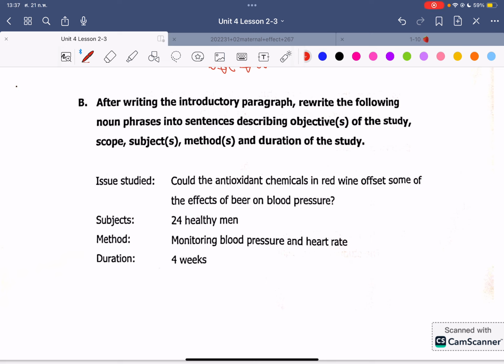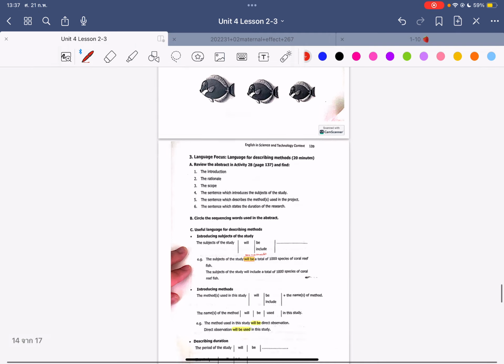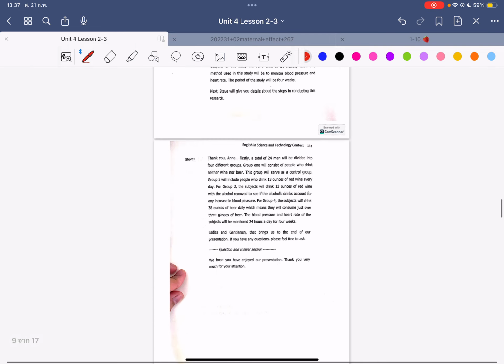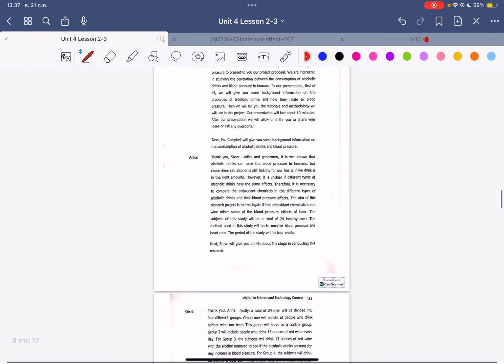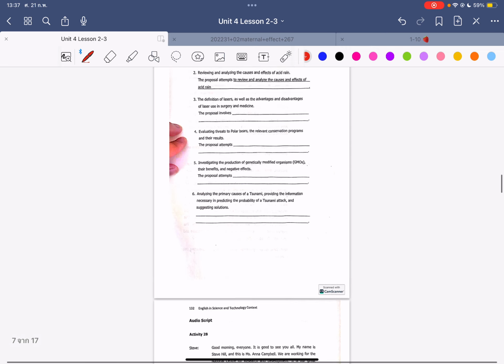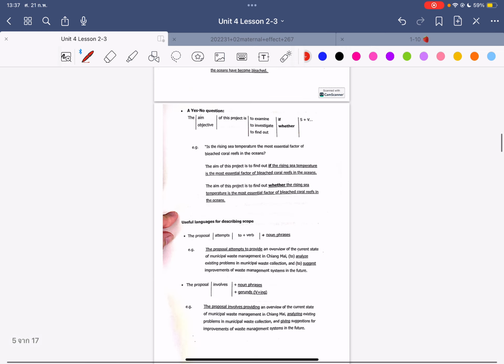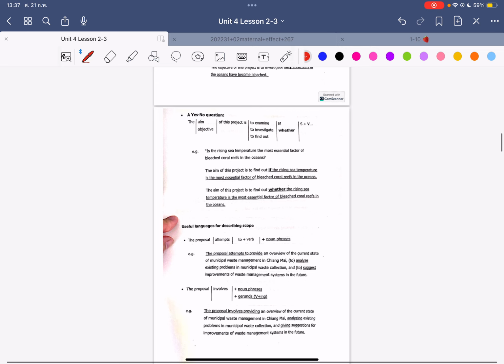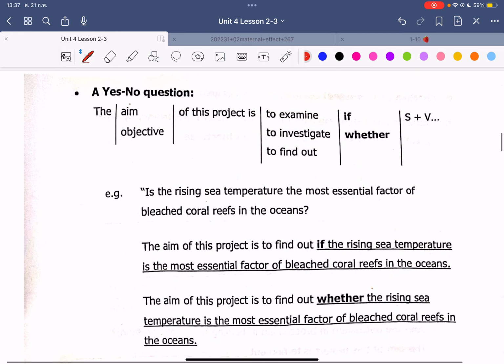If you remember, we looked at it in the last class นะคะ. Look at this one. ถ้าเป็น yes no question ทำยังไง? Now we have to write the aim of this project หรือ the objective of the project: if or whether, เพราะว่า yes no question. Okay, so study the patterns and can you write the proposal?